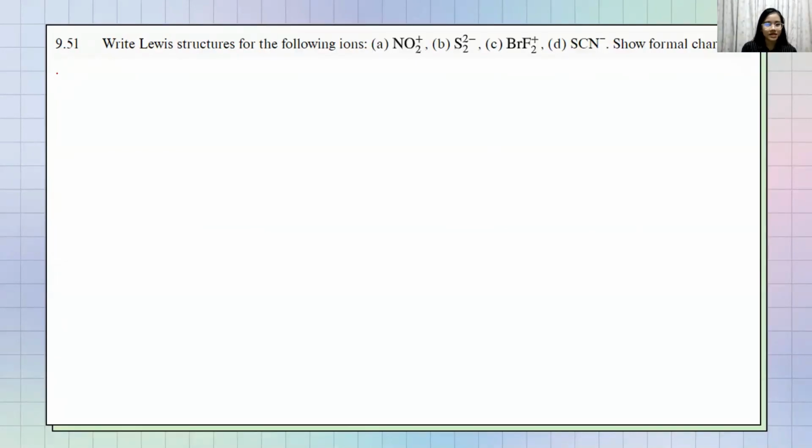Last, we have letter D, SCN negative. So first we calculate the valence electrons. Sulfur has 6 valence electrons because it belongs to group 6, plus 4. Carbon has 4. Nitrogen has 5. Since we have a negative charge here, put plus 1. So a total of 16 valence electrons.